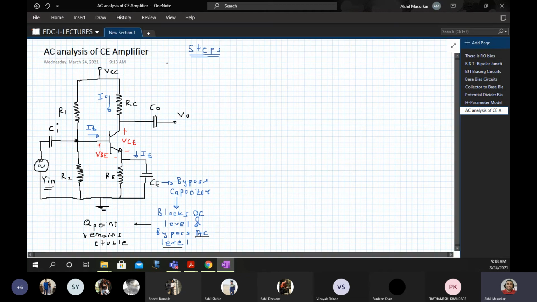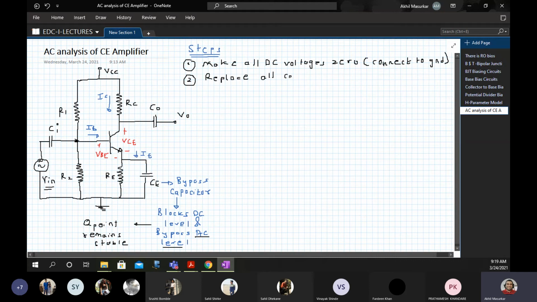The first step is to make all DC voltages zero. Make all DC voltages zero means connect to ground. Second is replace all capacitors by short circuits.